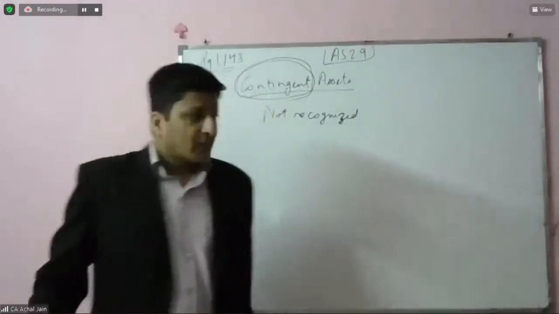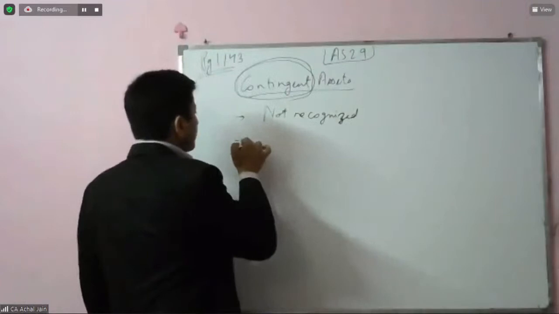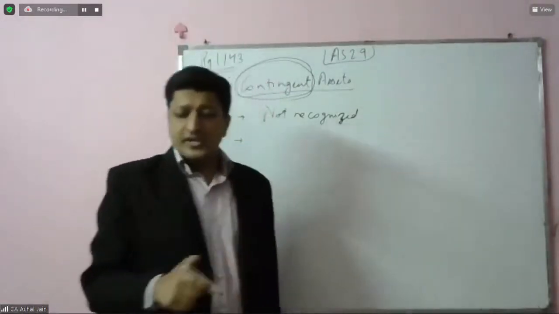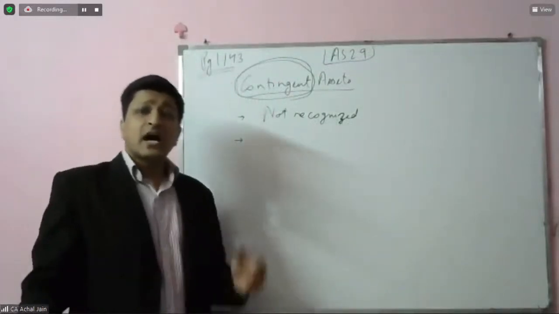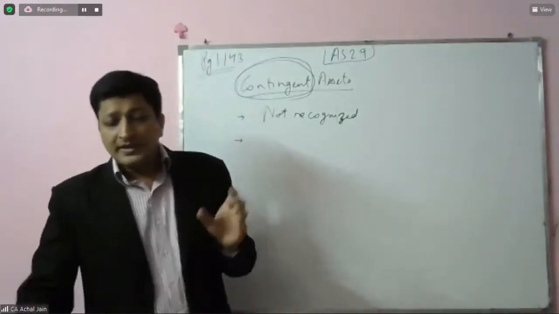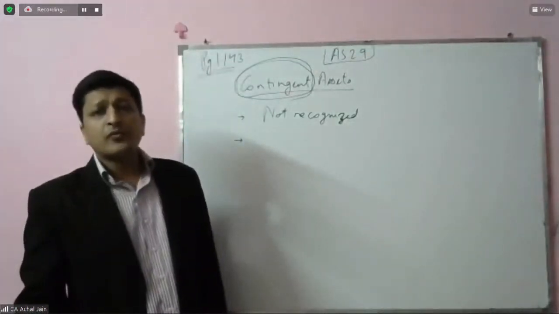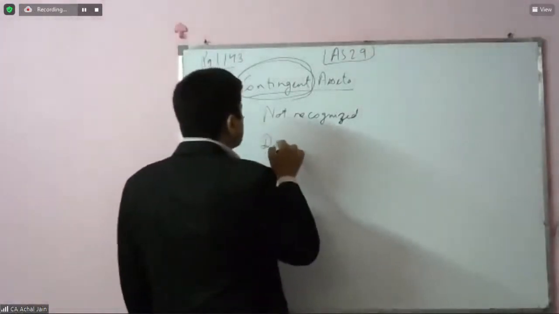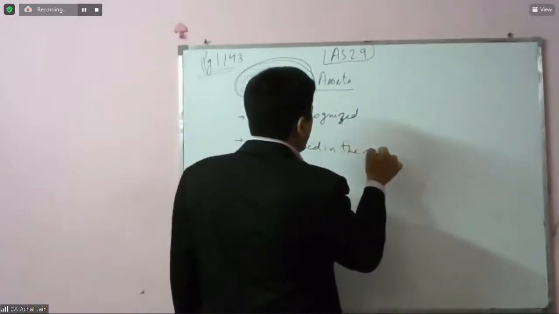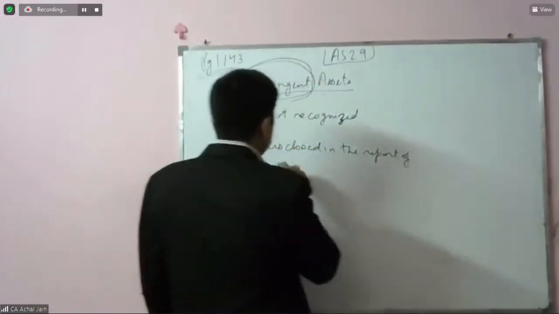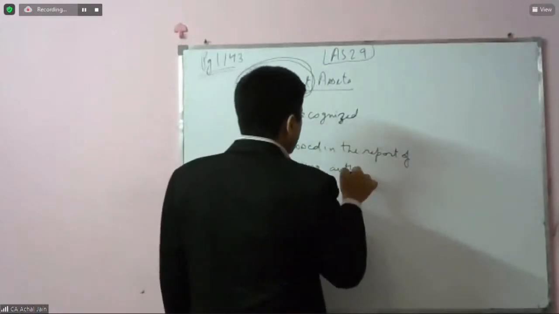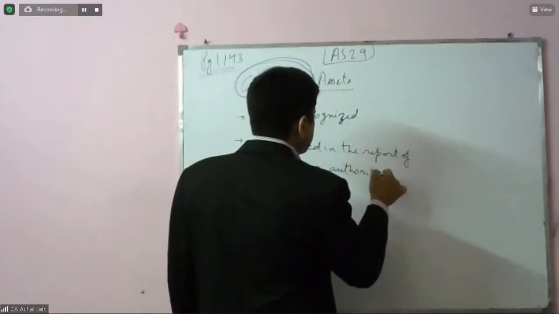Number two, unlike a contingent liability which is disclosed in the financial statements, contingent assets are not disclosed in the financial statements. They are disclosed in the report of the approving authority only.